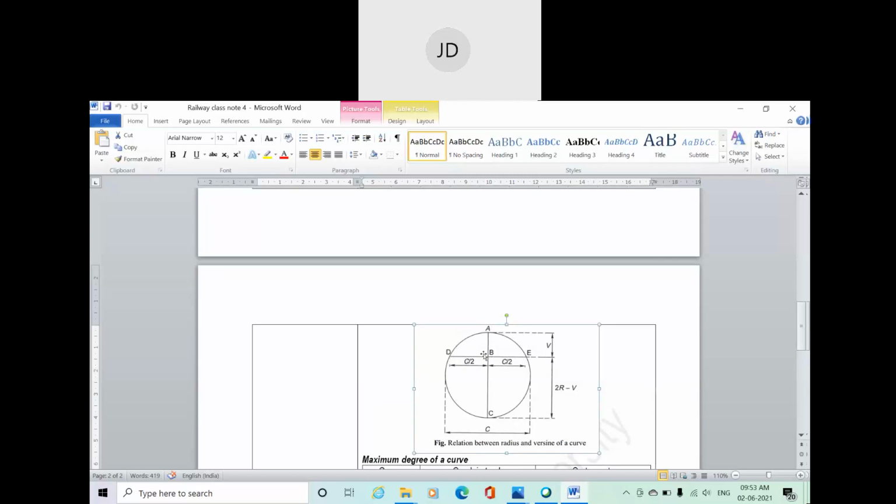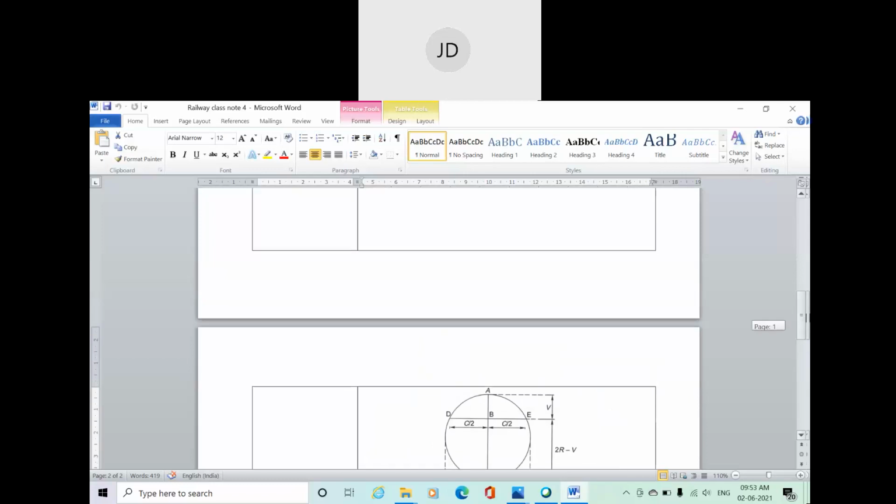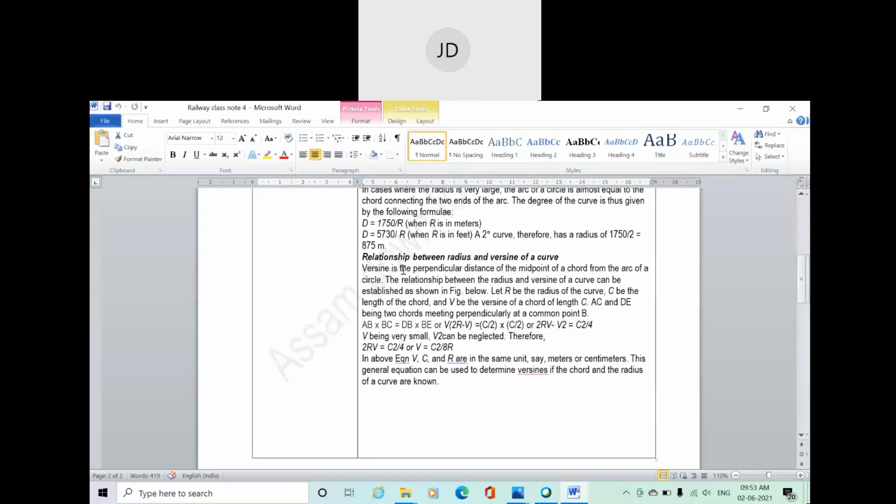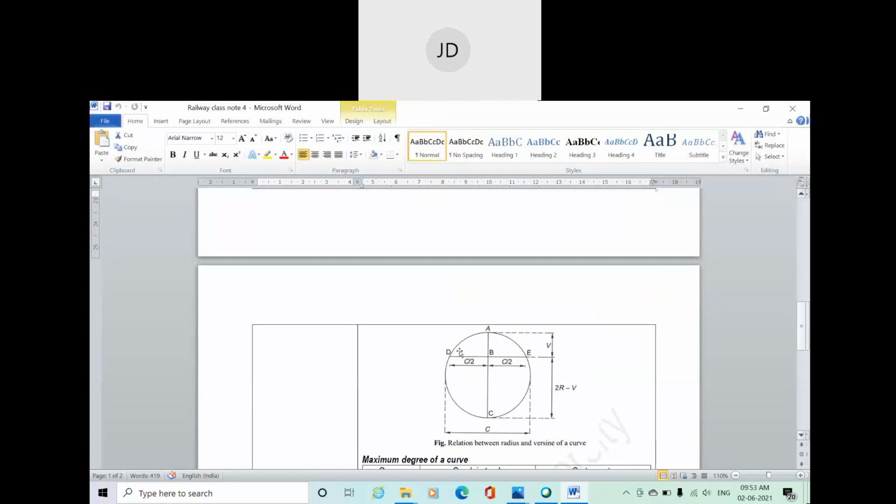and DE is the long chord. And the line AB is the line we are talking about, that is versine V. By definition, versine is the perpendicular distance of the midpoint of the chord from the arc of the circle. That means the perpendicular distance between these two points, the midpoint of the chord and the peak point of the arc.